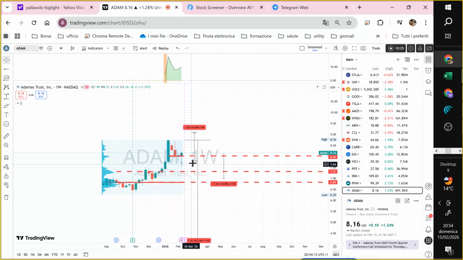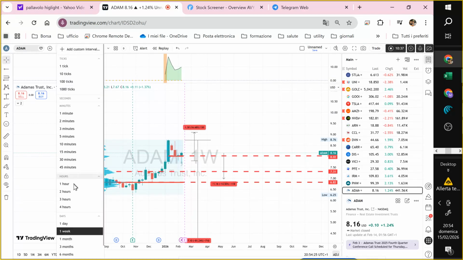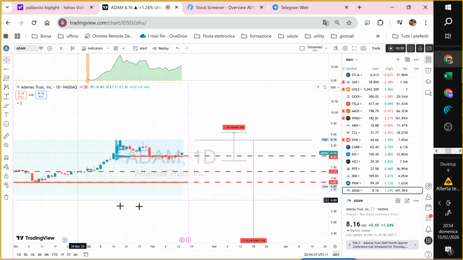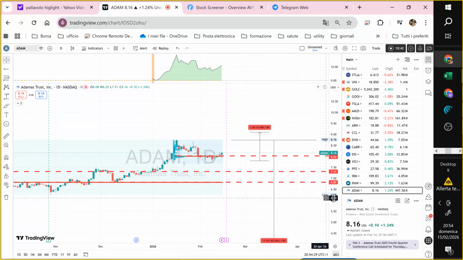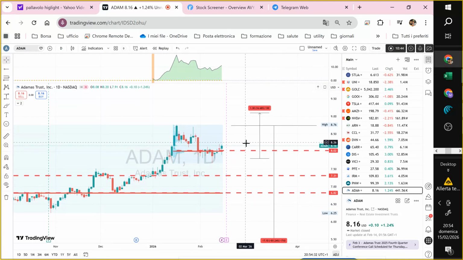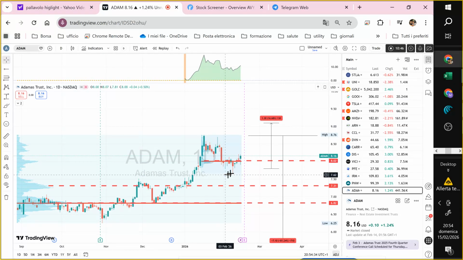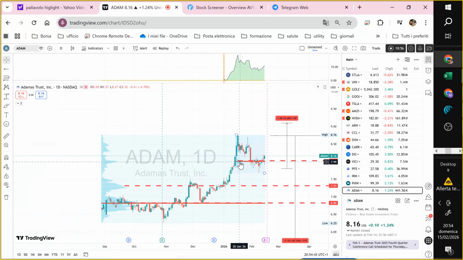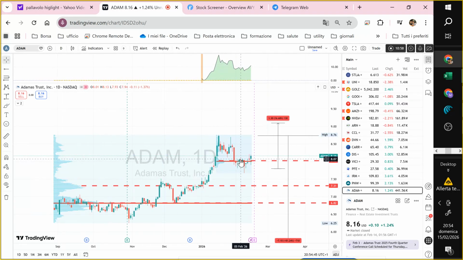So when the price comes back to this level, we see a defense of the title. In every case, we expect that Adam goes up; I think it has a good structure. So we find here an important support at the round number 8, and I think it can have an important role.